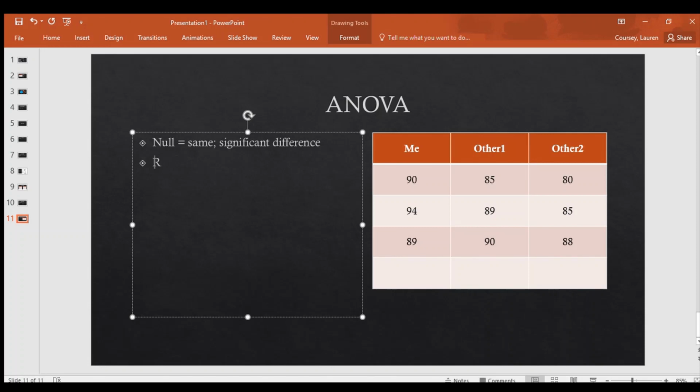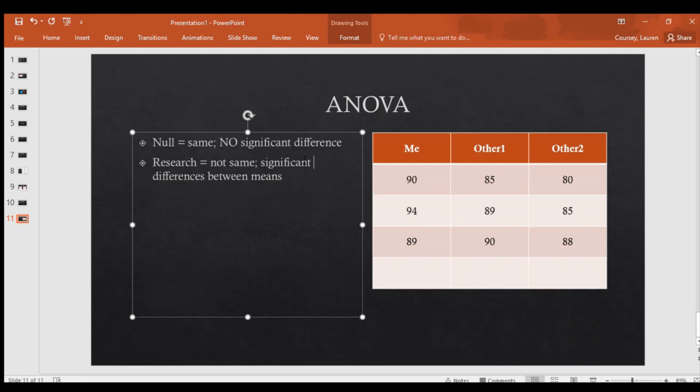So we're simply saying that there's no significant difference in sample means. Our alternative, or our research hypothesis, would be that they're not the same, that there are significant differences between the means of these 3 groups. Sorry, I should put no significant difference here for the null.